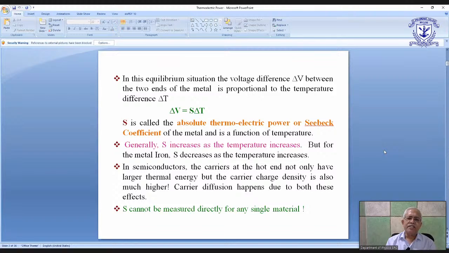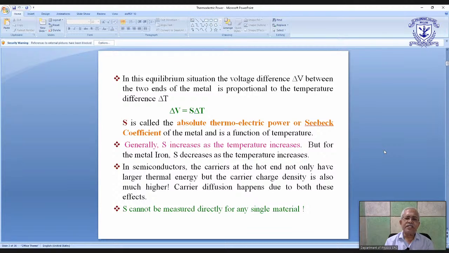Anyway, what is indicated here is that the potential difference is proportional to the temperature difference or temperature gradient. Okay, this constant S is what is called the absolute thermoelectric power or the Seebeck coefficient. Okay, so this phenomenon was discovered by a scientist by the name Seebeck. I will mention his work a little later also.